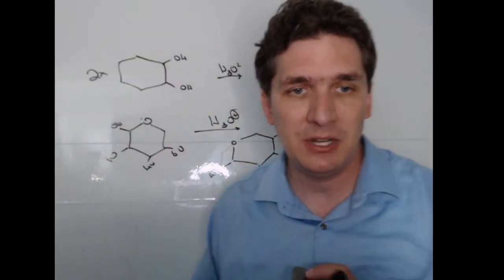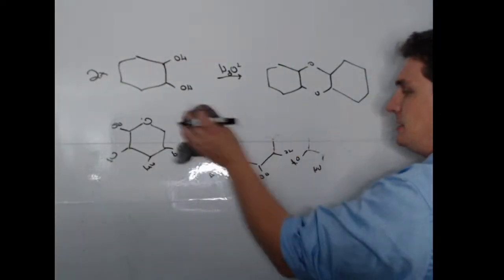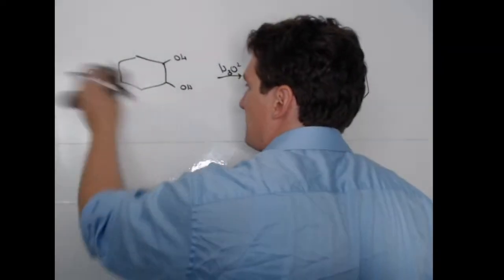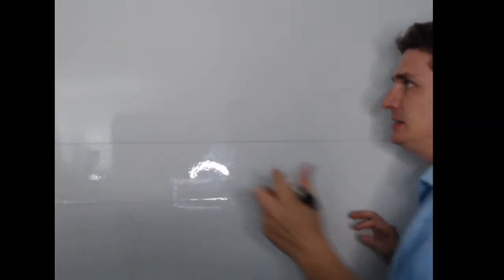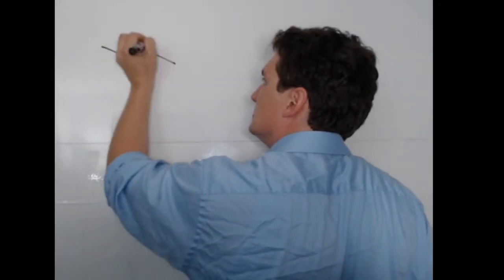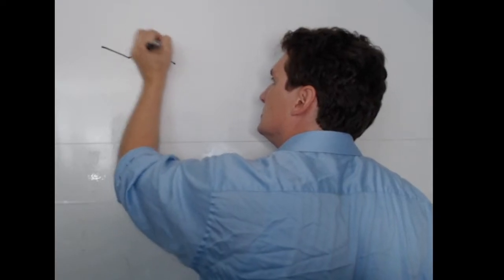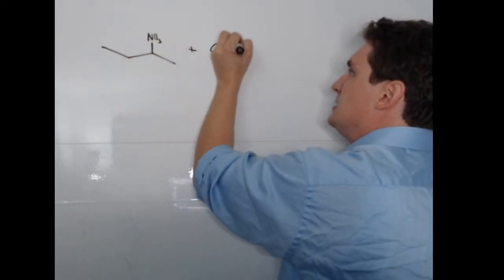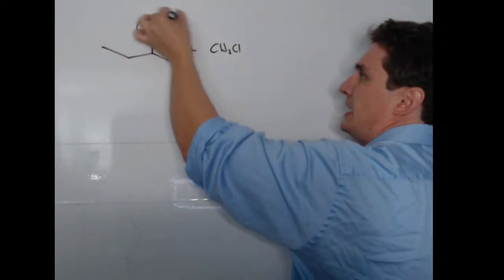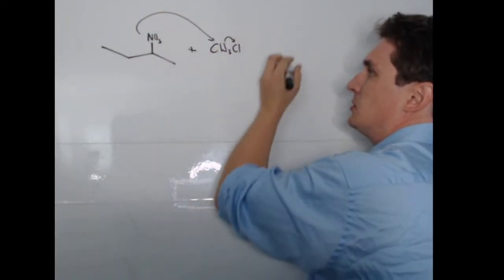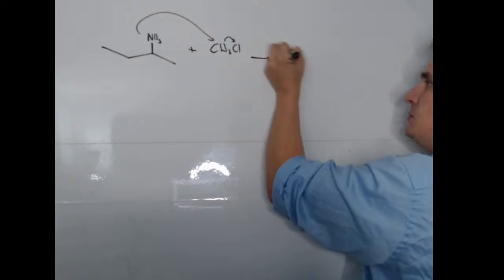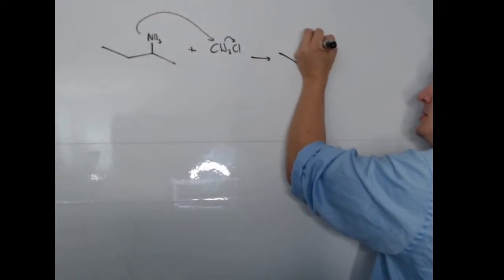So the mechanism for elimination of alkyl halide. Okay, so if we have any starting alkene, and typically we're going to see this with chloromethane. The nitrogen will attack the chlorine, break the chloride off. We temporarily end up with an ammonium salt.